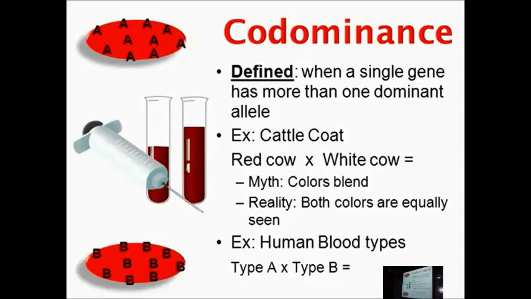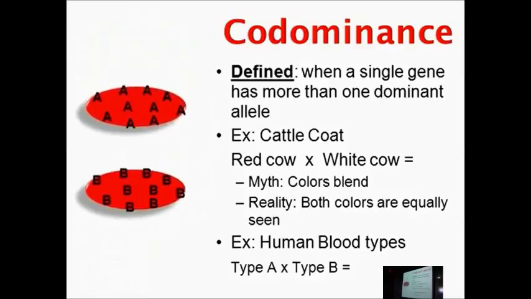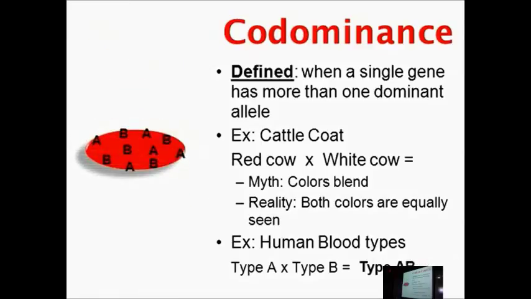So what happens if mom was blood type A and dad was blood type B? If mom and dad were to produce a child, the two blood types would be codominant. The offspring would have characteristics of both blood type A and blood type B.